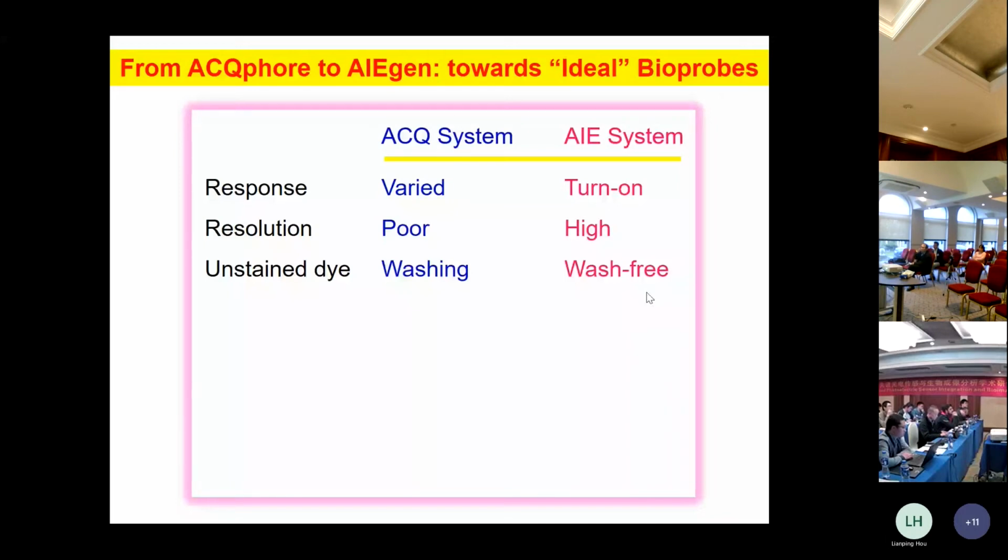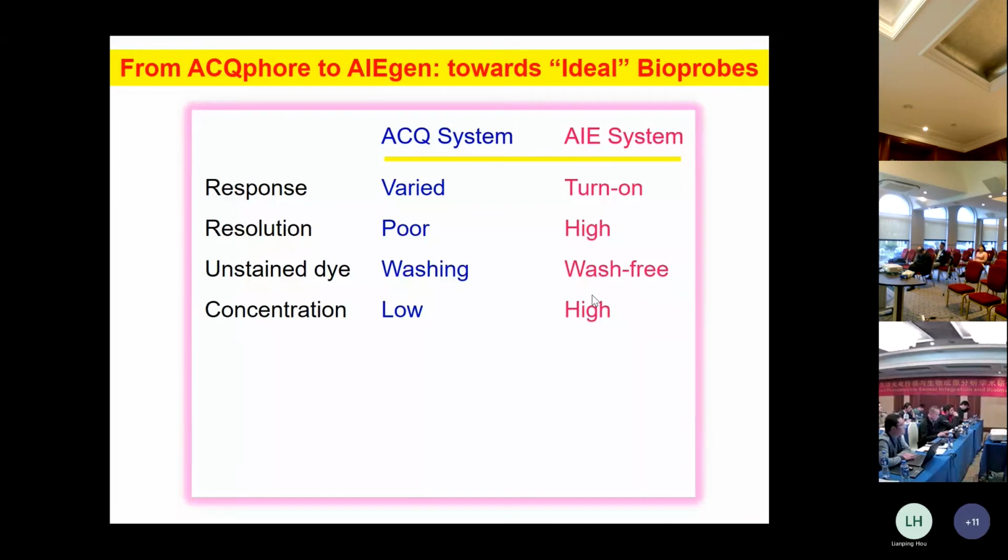Because student A probably did not wash to the right point, so you have a false positive, but student B washed too much, so you have a false negative, because you don't know to which point you should wash. For us, we don't need to wash if we make our AIEgen water soluble, so you don't have a background emission.